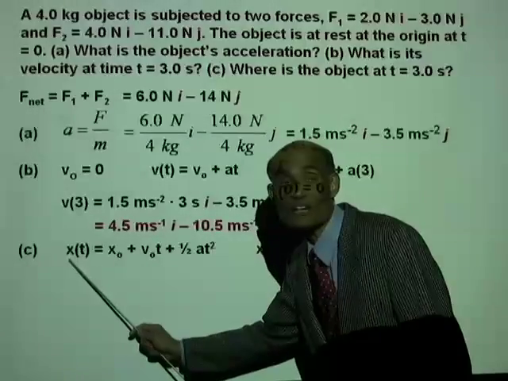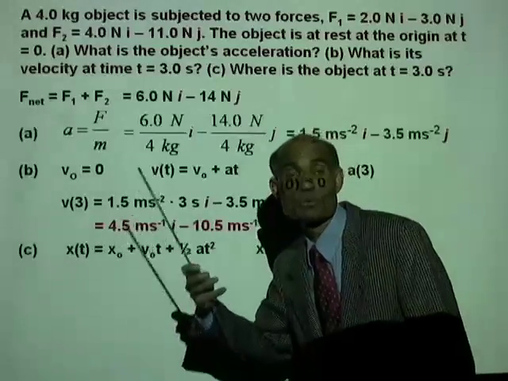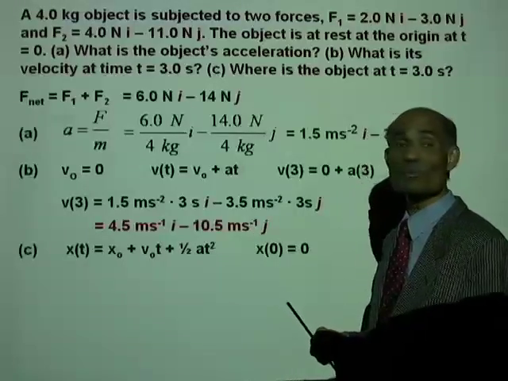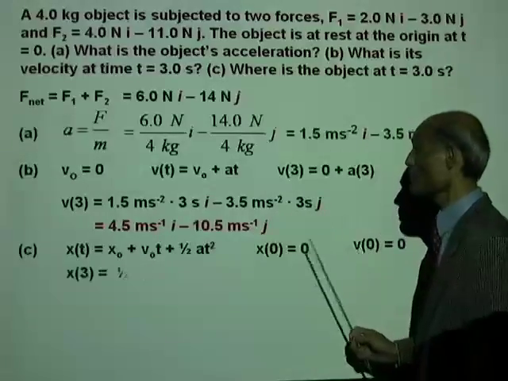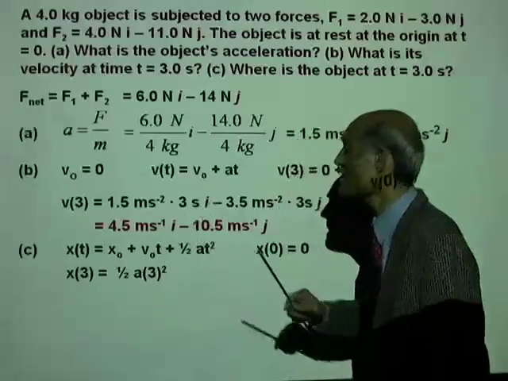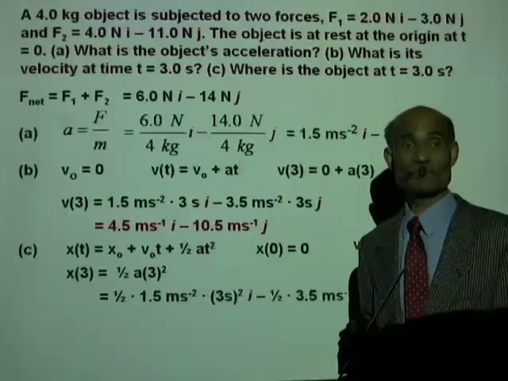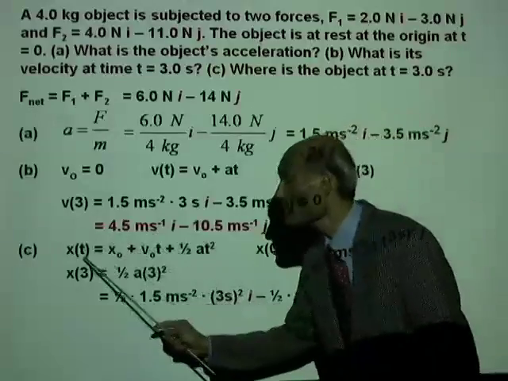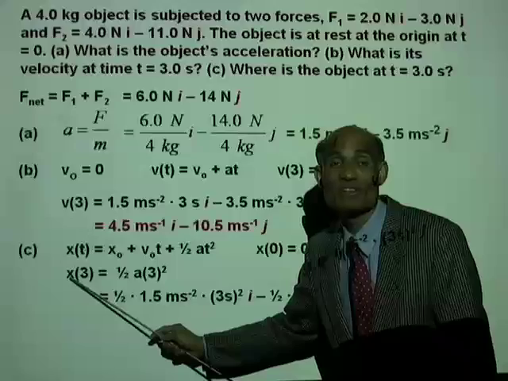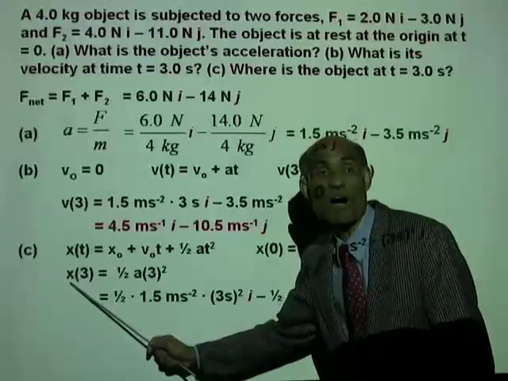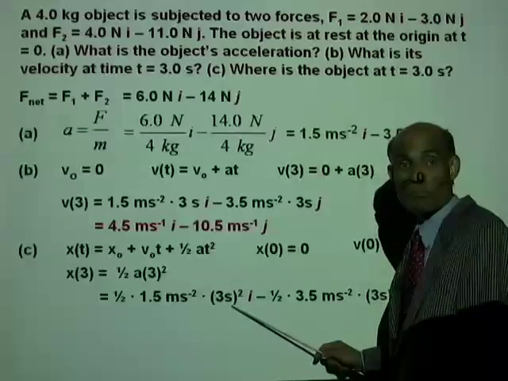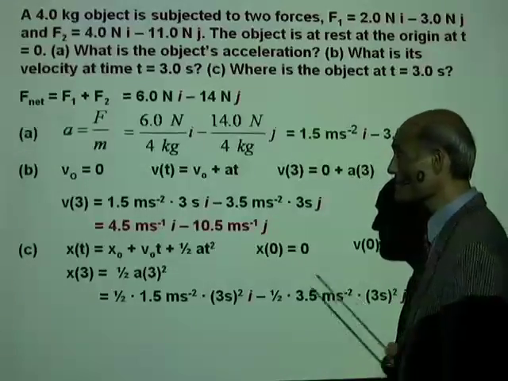And therefore x of 3, the position at t equal to 3, will be 1/2 a times 3 squared. And remember, this x really does not represent x. You've got to really call it some r, because this position has an x component and a y component.